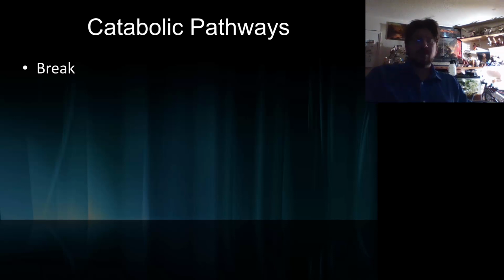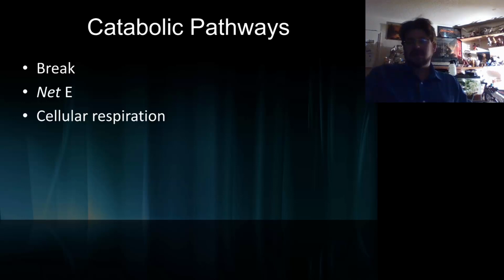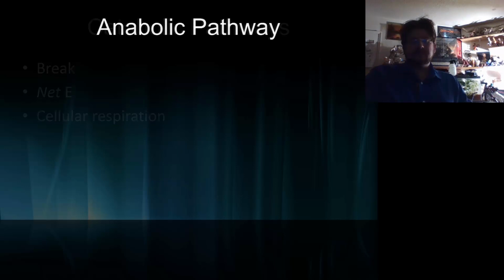And whenever you break bonds, you release the energy those bonds stored. So you get a net energy production from catabolic pathways. Cellular respiration is one large, complicated catabolic pathway that ends in binding up the energy produced into ATP.